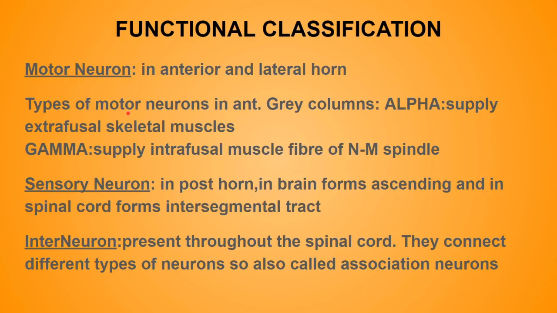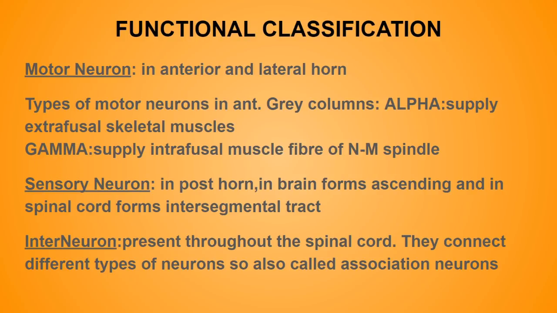Now remember, the motor neurons are present in the anterior and the lateral horn, and in the anterior grey column there are two types, the alpha and the gamma. Remember, these alpha neurons are large multipolar cells, while the gamma are small multipolar cells.